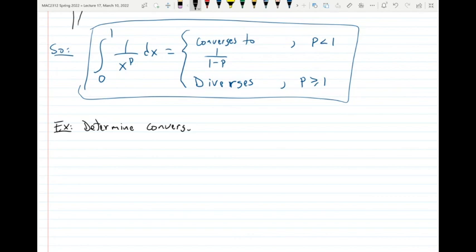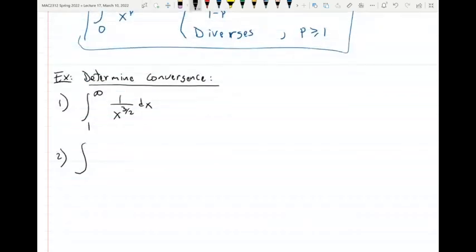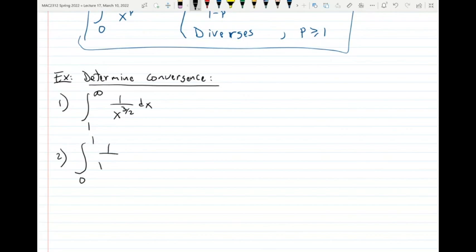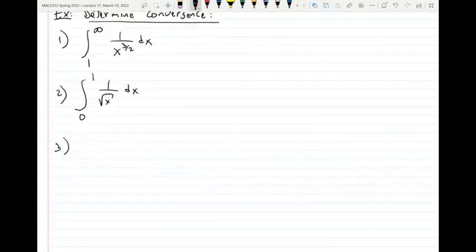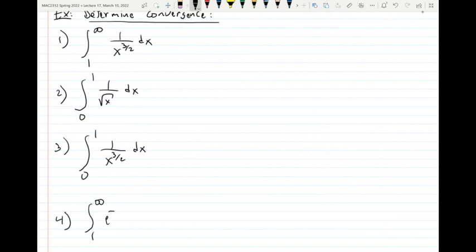Determine convergence: the integral from 1 to infinity of 1 over x to the 3/2, then the integral from 0 to 1 of 1 over the square root of x, the integral from 0 to 1 of 1 over x to the 3/2, and 4, the integral from 1 to infinity of e.